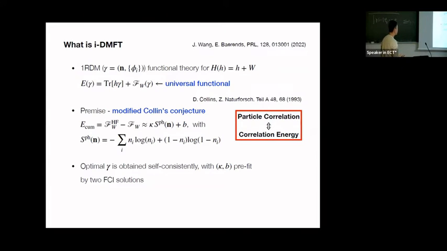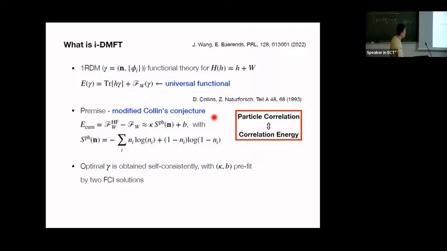The premise of this entire method is based on the so-called Collins conjecture, or the modified version of it. The cumulative energy is defined as the difference between the Hartree-Fock functional and the exact functional. The conjecture states that you can approximate this cumulative energy by a linear function of the entropy of your 1-RDM, or the entropy of the natural occupation numbers.